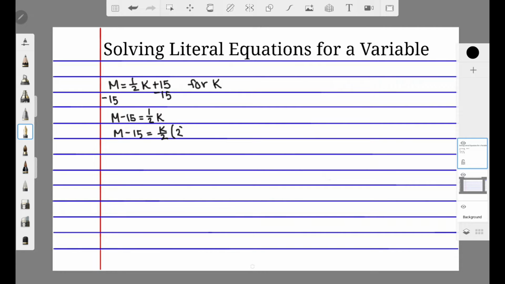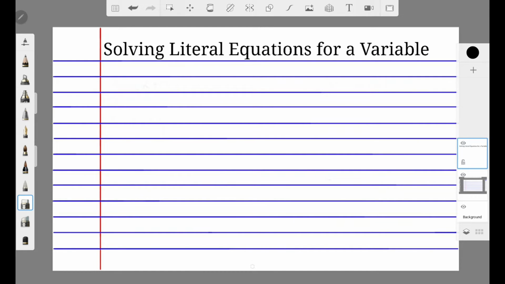So let's do the opposite operation and multiply. But now we have to remember to multiply it by each term. We're basically multiplying the entire term. So you could also write it as 2m minus 30 by doing distributive property is equal to k, or you could also just leave it as 2m minus 15 equals k. Either one would work.